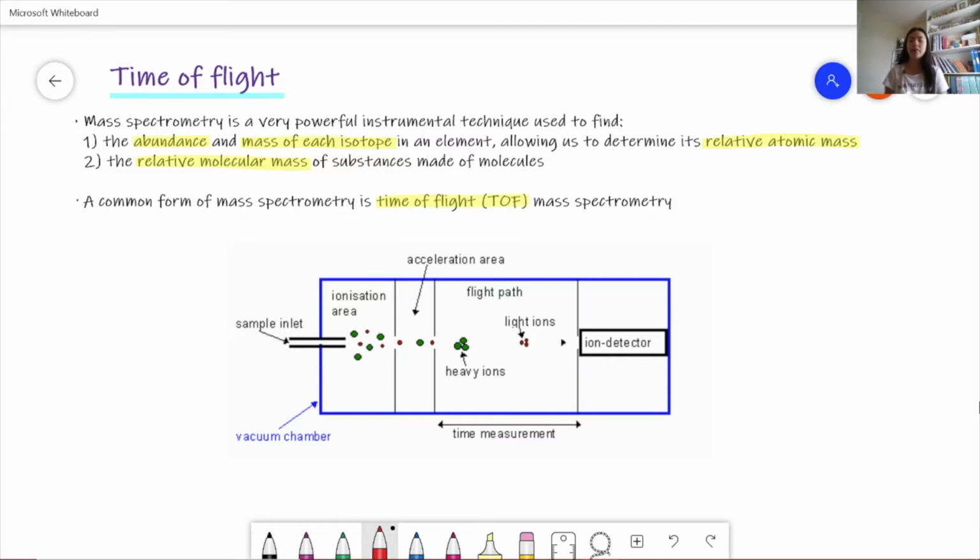So the first thing that can happen is electron impact. And electron impact is the process which happens to elements or compounds with a low MR. So the MR is the relative molecular mass.